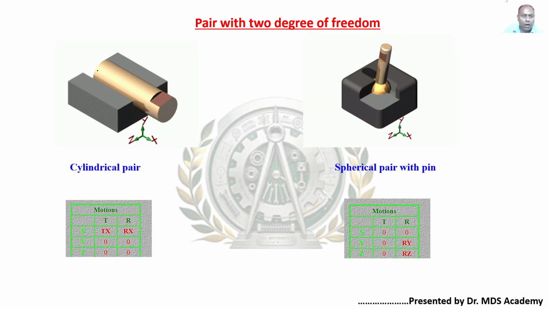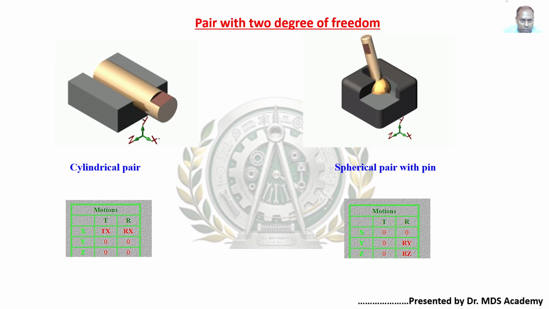Now take another. In the next slide, we are having a pair with 2 degrees of freedom. Means two different separate inputs we are providing to obtain the constrained motions, or to bring the mechanism into useful engineering purposes.